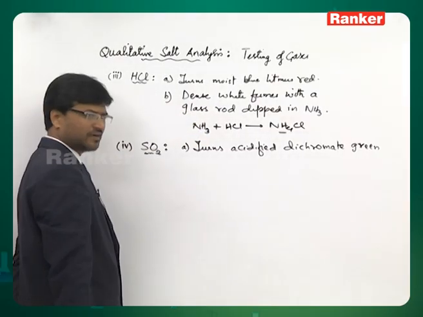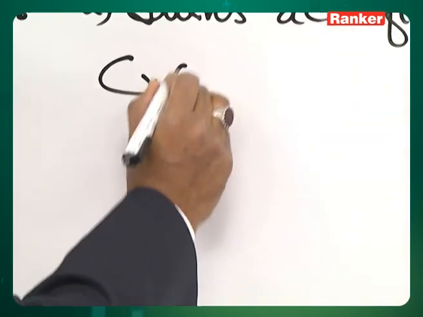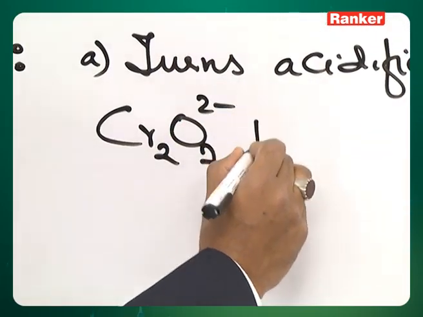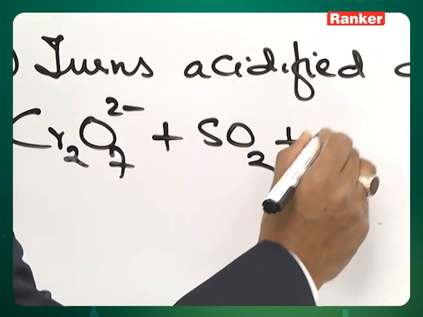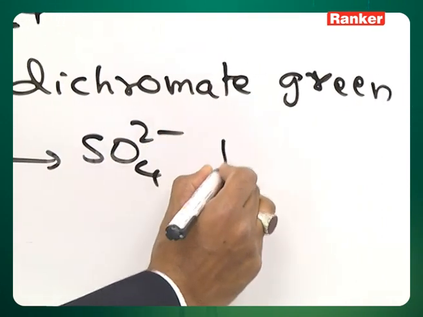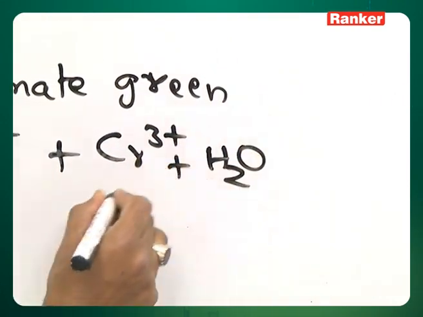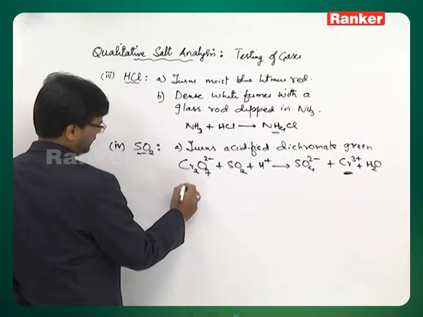It changes the color of acidified dichromate. The reaction involved is Cr2O7 2 minus plus SO2 plus H plus, you get SO4 2 minus and Cr3 plus. Of course, you get water also. So the color of this is green, this is orange.